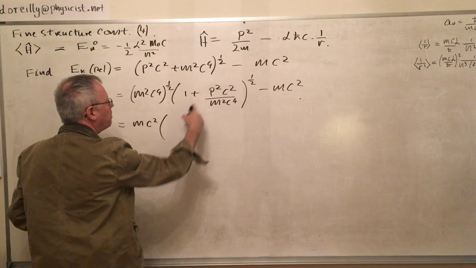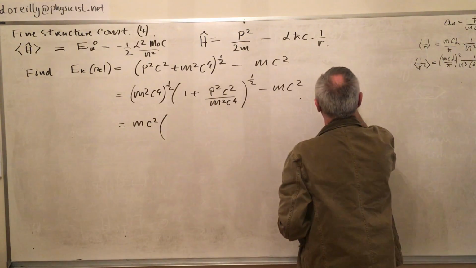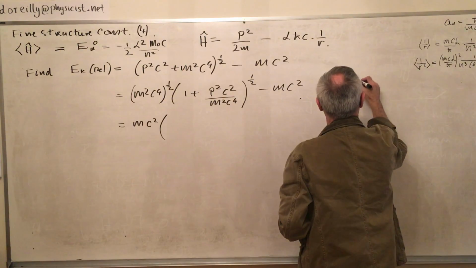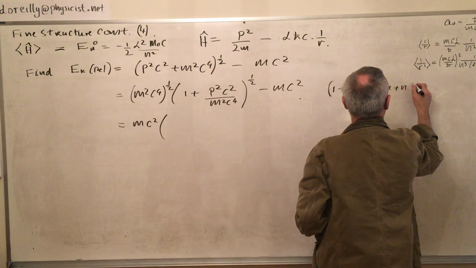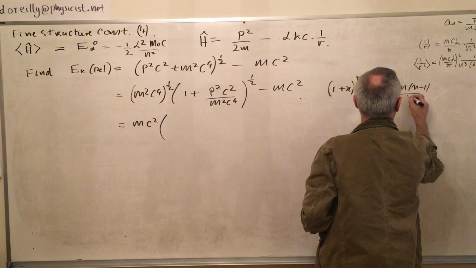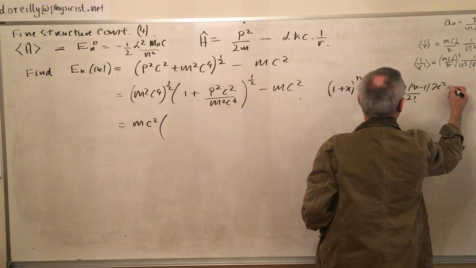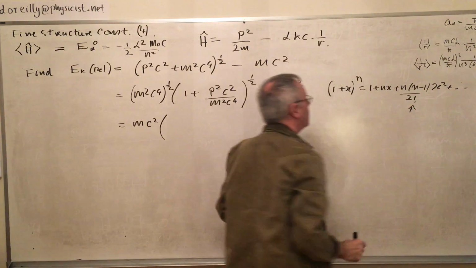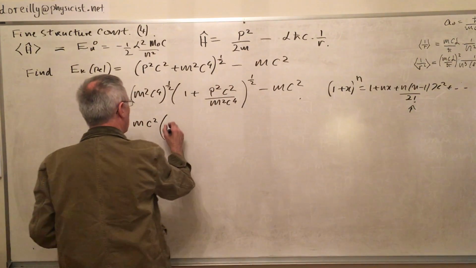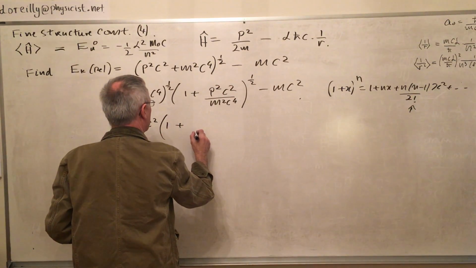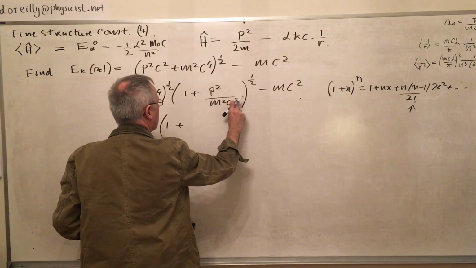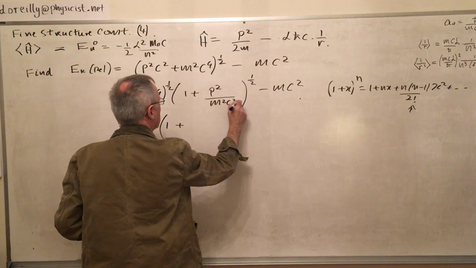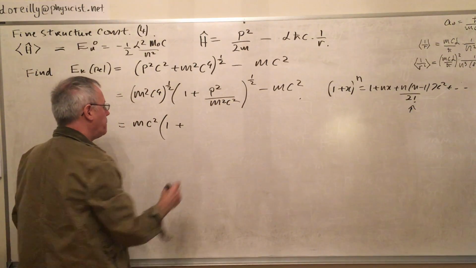And I'll expand this out by the binomial theorem. I'll go to the third term. Now I'm getting rid of a factor of c squared here. That's really what we have there.